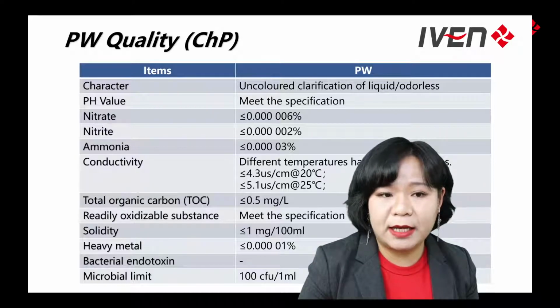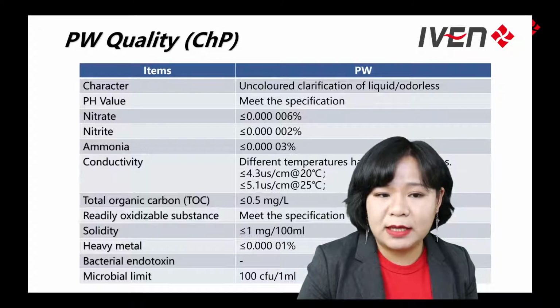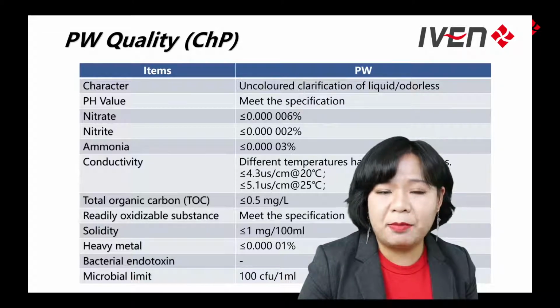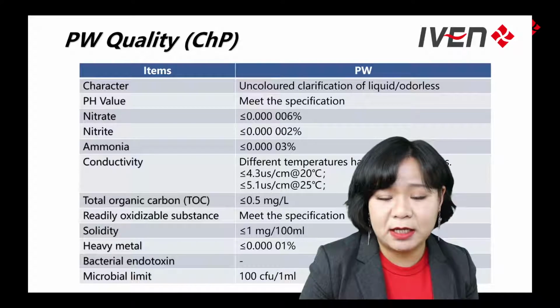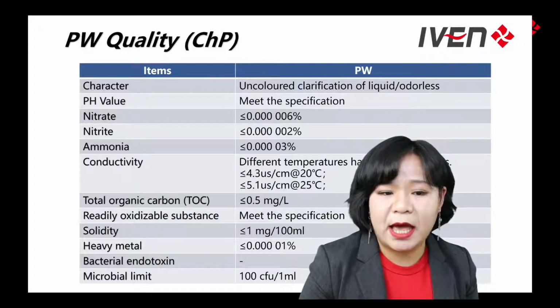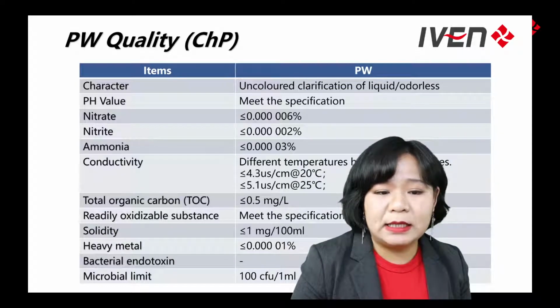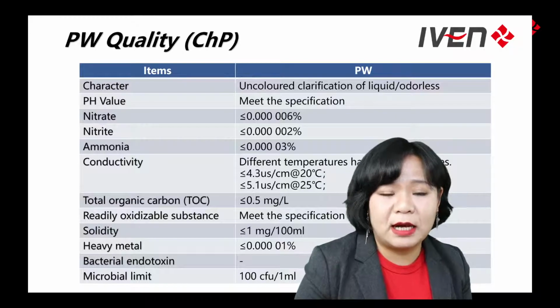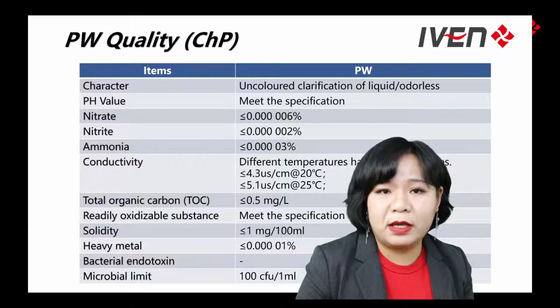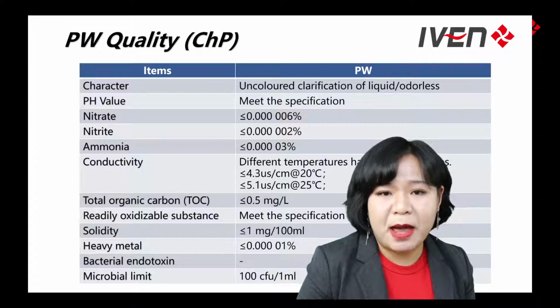The items such as character, pH, nitrate, ammonia, conductivity, and TOC, and also solidity, heavy metal, and also pyrogen, we call it. And pyrogen is the endotoxin, and the microbial limit. These are the key parameters for the PW treatment.